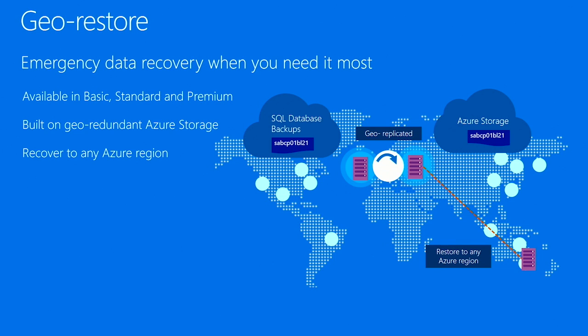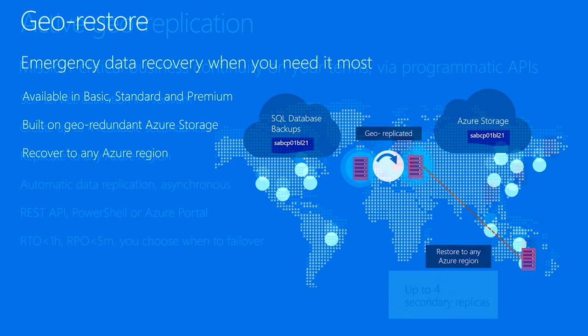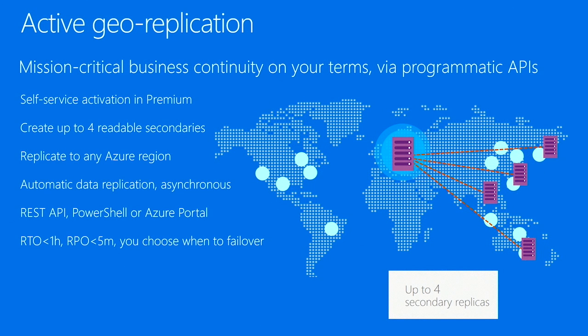The backup of all our databases is copied to a paired data center, which is remote, to protect against complete disaster. And if you have a mission critical business and need higher availability, you can create active geo replicas, up to 4 of them, in different regions of the world. You can use these replicas to distribute your read workload for better performance.